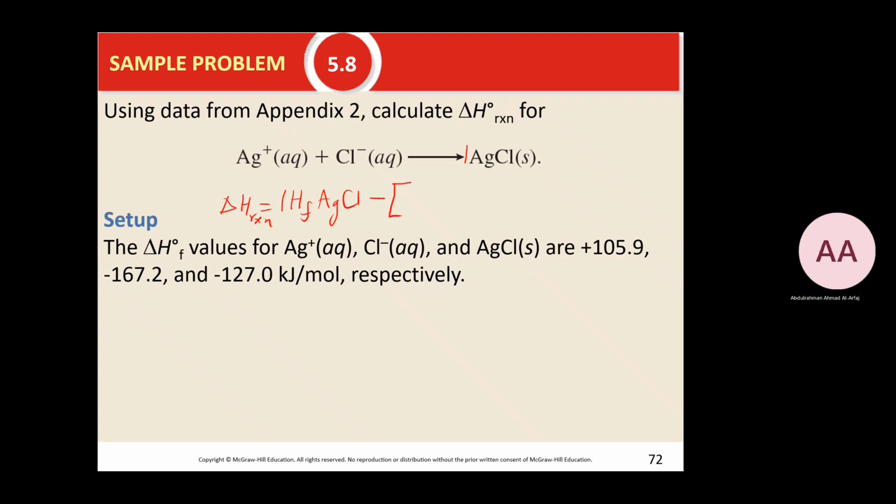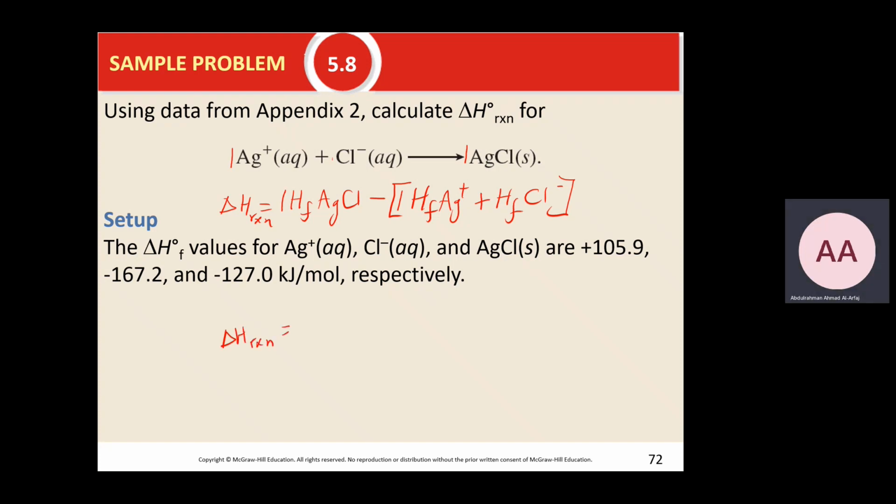Minus heat of formation of Ag plus, and also I'll multiply it by 1 because this is 1, so no need to put the 1. Plus heat of formation of Cl minus, which is also 1 here, so we'll not put anything here. Now you just take the numbers. Delta H reaction equals what?